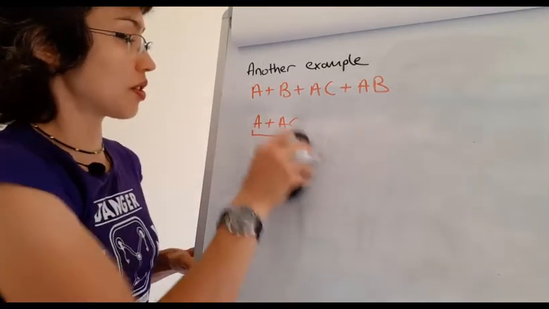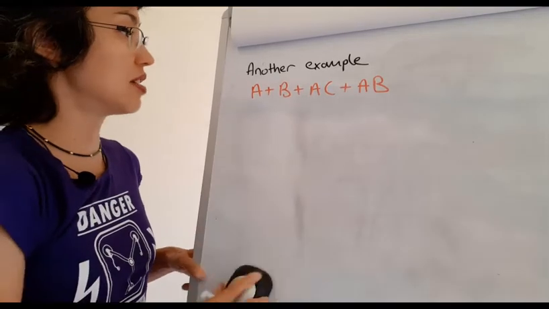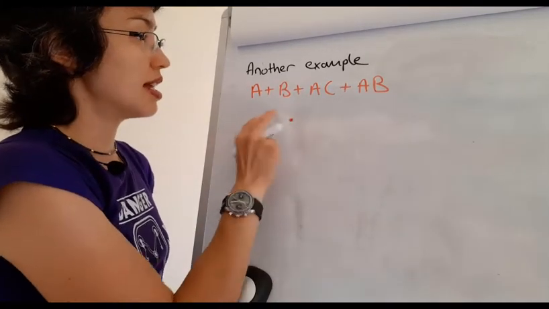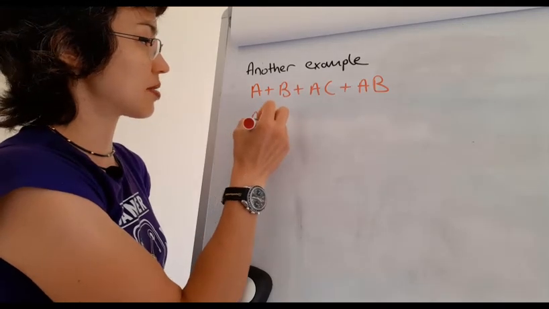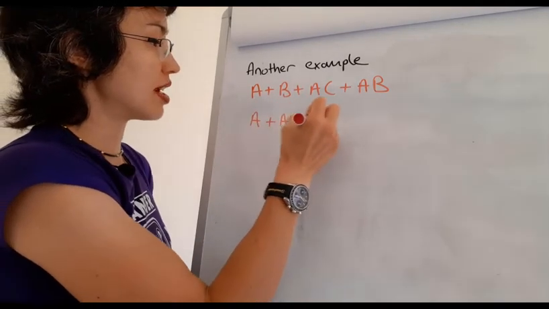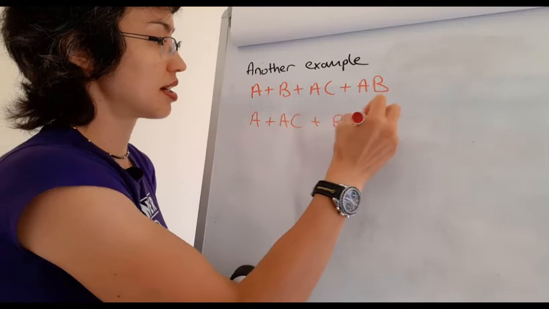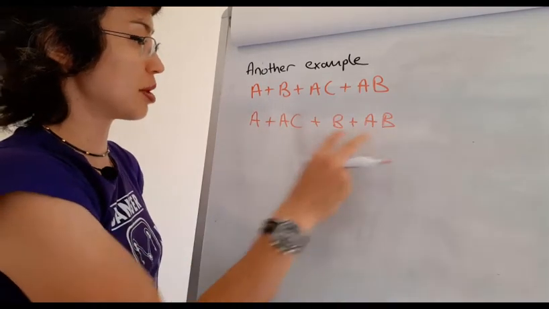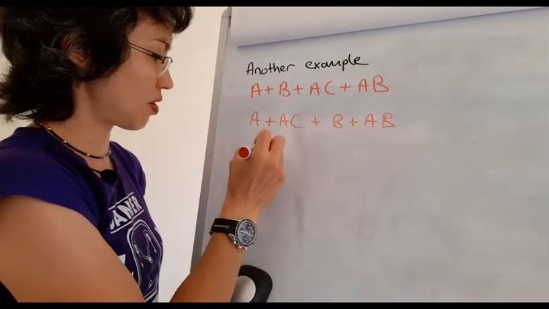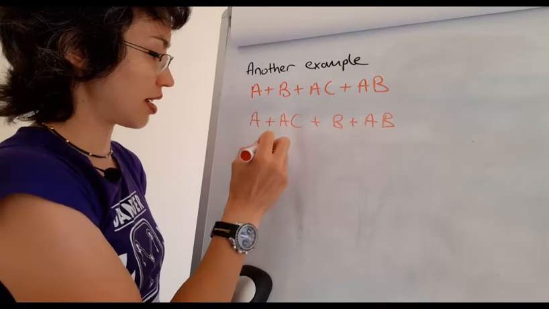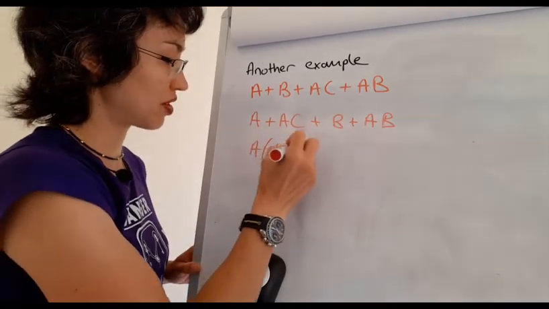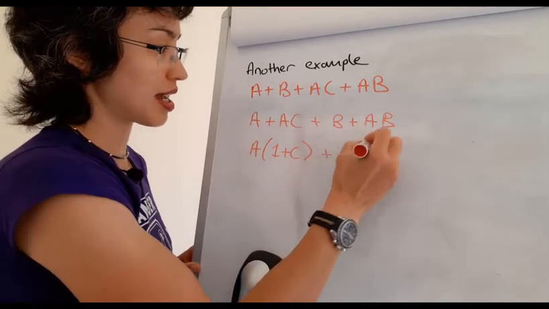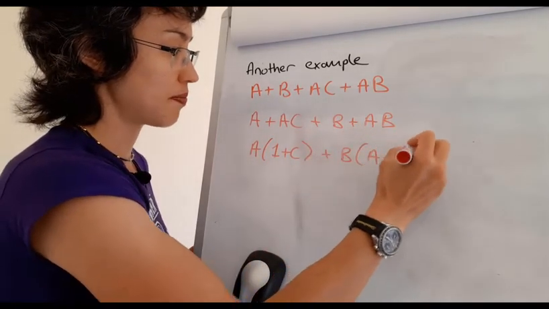If you're not sure though, you might have been tempted, if you couldn't see that straight away, instead maybe thinking, okay, well, what I'll do first is rearrange this, because then I've got all my A terms here, my B terms there, and maybe you thought, okay, well, what I can do here is maybe take the A out because that's common and I get 1 plus C. And here I can take the B out and I get A plus 1.